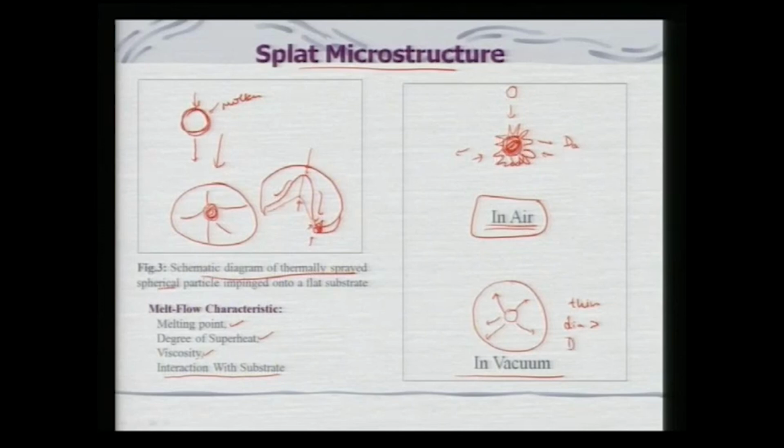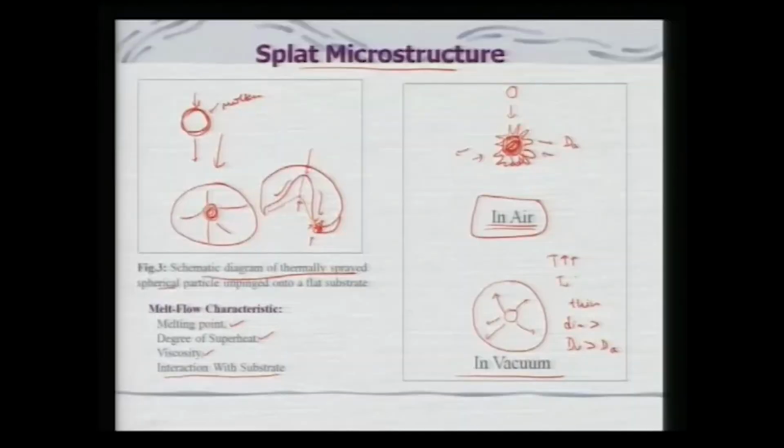So, diameter in vacuum is much higher than diameter in air. We can observe that because it is experiencing very low resistance from the surrounding environment, and also much higher heat. The temperatures are much higher here, so temperature in vacuum can be much higher than temperature in air. Overall, we can see that a splat microstructure is very different when deposited in air or in vacuum.